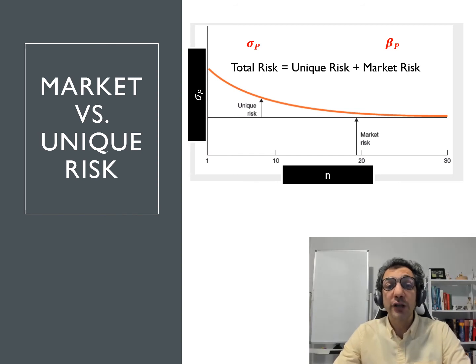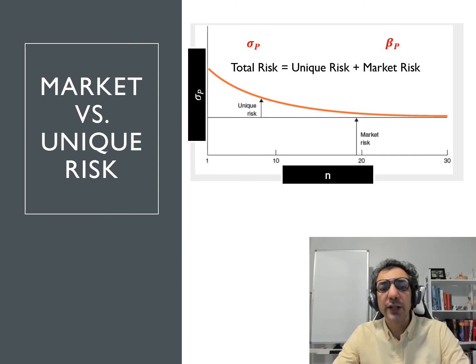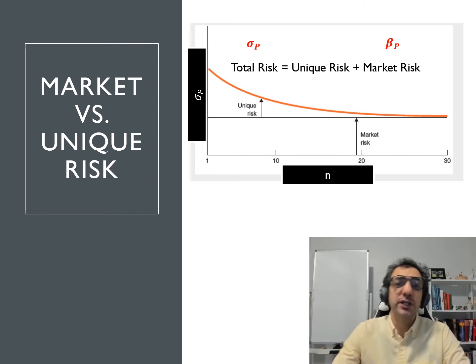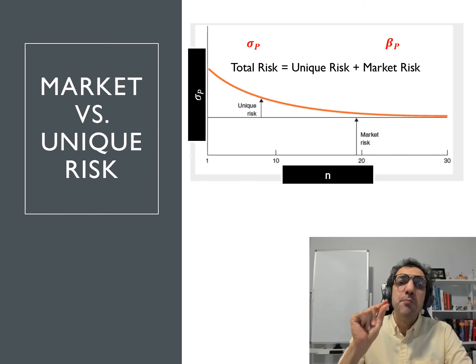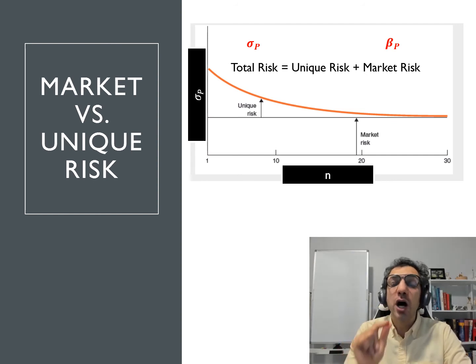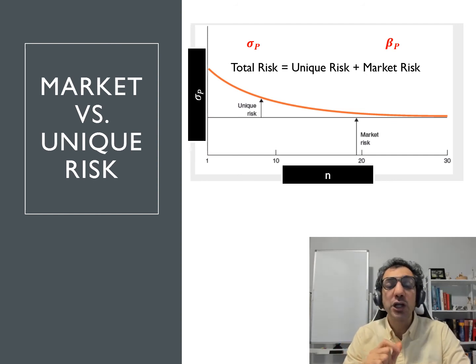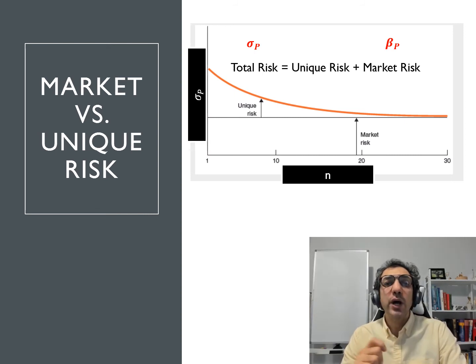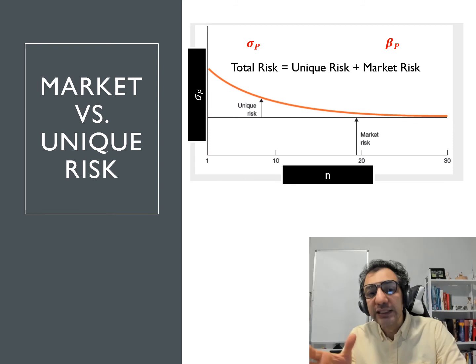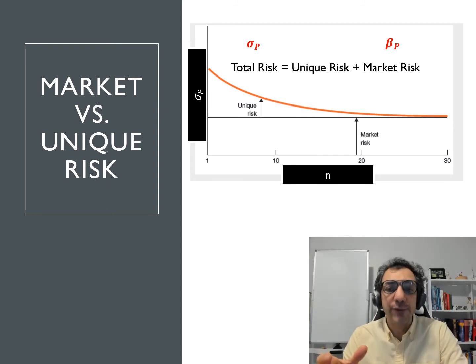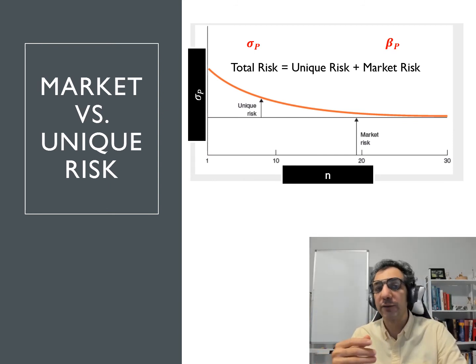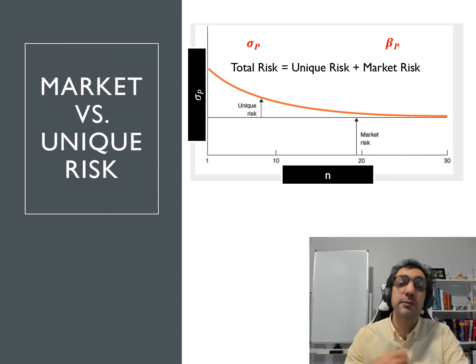This is not true. Why? Because the standard deviation measures the total risk, including the unique risk and the market risk. So it captures any volatility, any fluctuations, regardless of the firm risk, the unique risk, or the market risk.